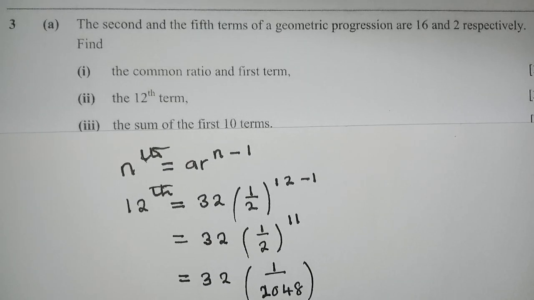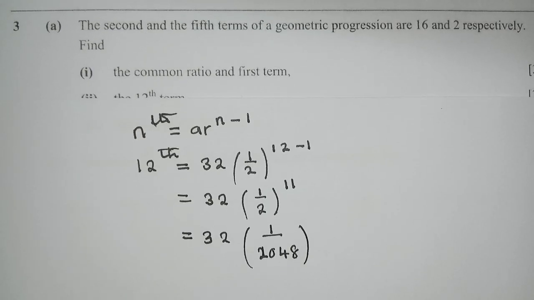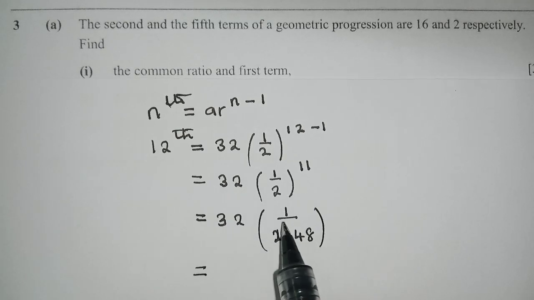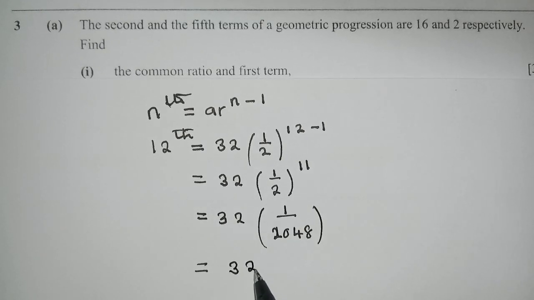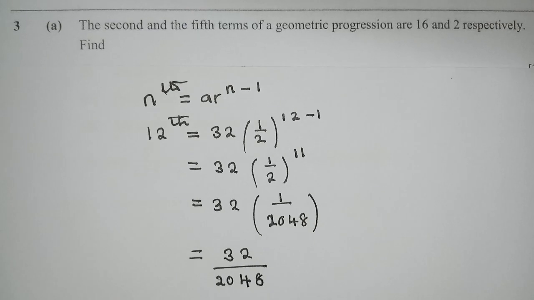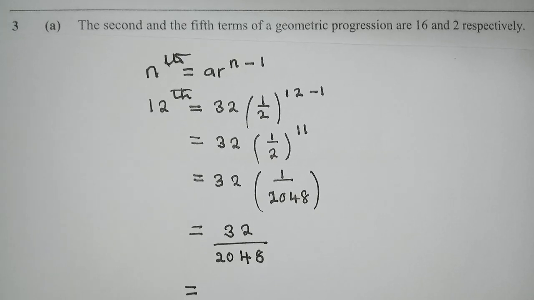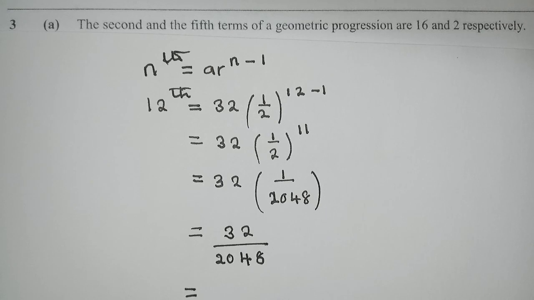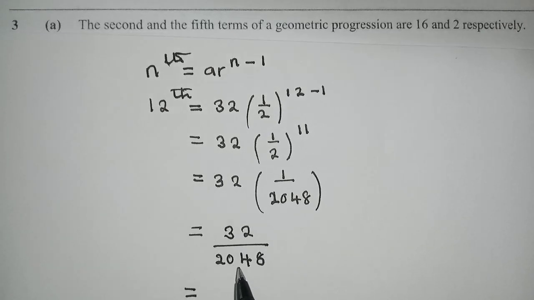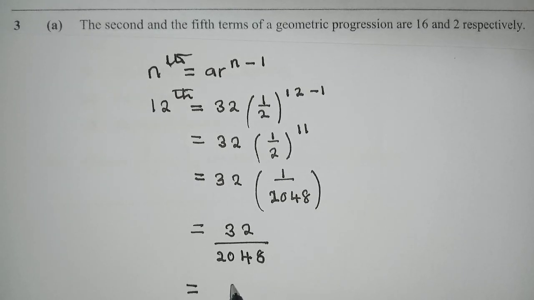Let me try on my calculator. Yes, so this is what we are getting. So we can multiply 32 by 1 is 32 over 2048. To finish this up, because we can't leave it like this, we can say 32 into 2048 is 64.